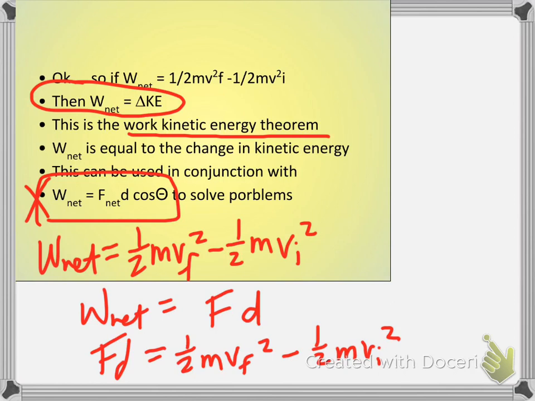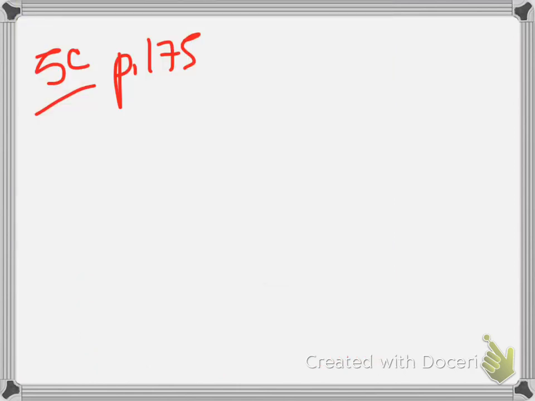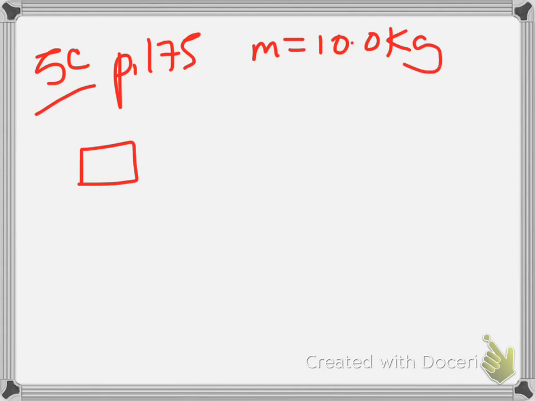Okay, so let's practice. Page 175. We have a sled, and we can approximate the sled with a block. We're told that the sled has a mass of 10 kilograms. This one seems fairly terrible, but it's not.